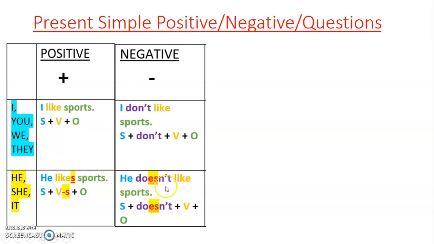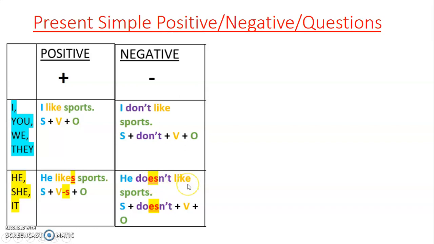Can you see that the s that was here with likes, we delete it. Why do we delete it? Because we need to put it in doesn't. And because you already have an s here with doesn't, you don't need to put another s at like. Okay, so he doesn't like.